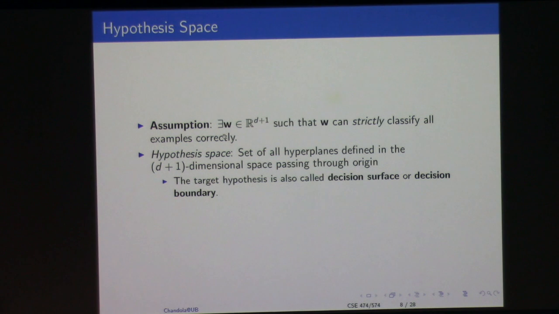Our hypothesis space consists of all lines or planes, all linear hyperplanes in that d plus 1 dimensional space that go through the origin. And we want to learn the one that separates our data into plus and minus, right? So it is still an infinite space, but at least we know that they are all lines, right? That has made, you will see, our job a little easier.